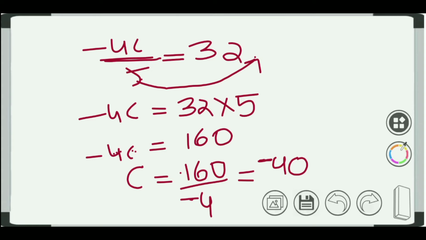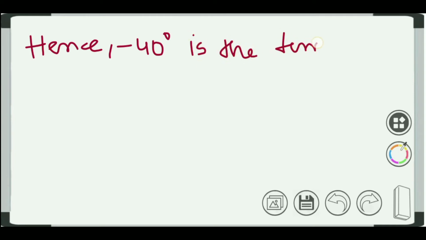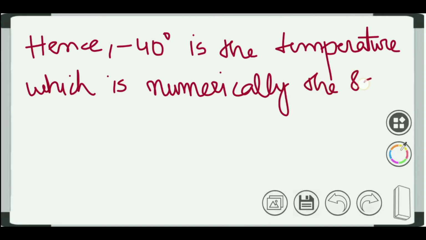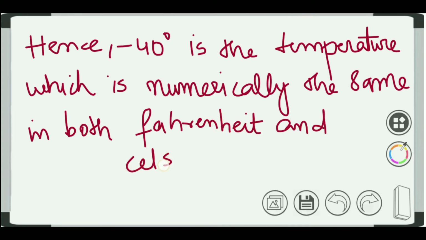So you can conclude this one as: hence minus 40 degree is the temperature which is numerically the same in both Fahrenheit and Celsius.